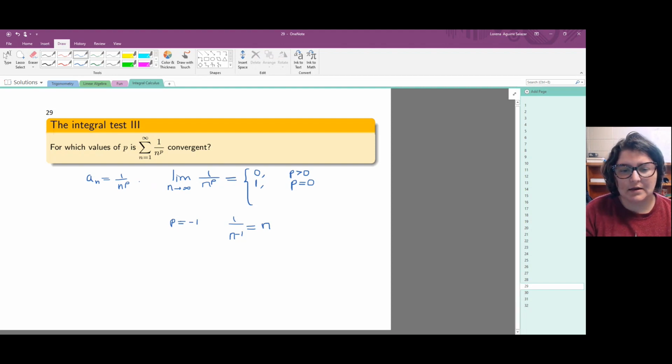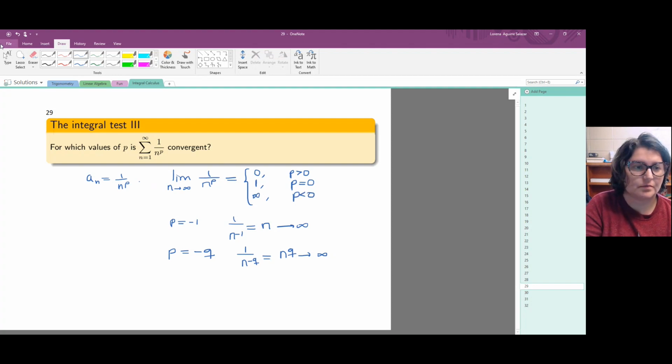We get n, and notice that this n goes to infinity as n goes to infinity. And if we had any other negative power, whatever power negative q, 1 over n to the negative q is just n to the q on top, where q is positive, and that goes to infinity as n goes to infinity. You get infinity for p less than 0.